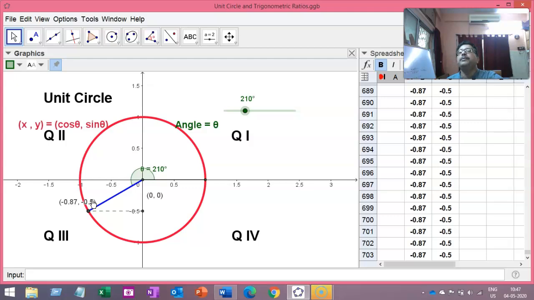So if you are going to calculate anything except tan, tan will be what? Perpendicular by base, both are negative, negative by negative, it will be positive. Cot will be base by perpendicular, that also will be positive. Except tan and cot, all are negative. That's why we say only tan is positive here. Tan positive means automatically its co-function cot is also positive.